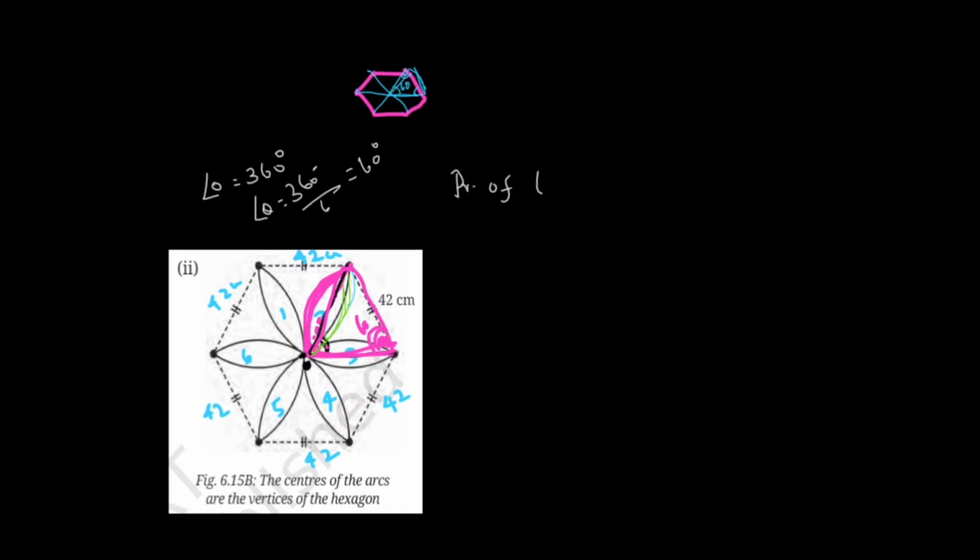Perimeter of all the petals is equal to 12 times the arc length of the sector, theta by 360, 2 pi r.